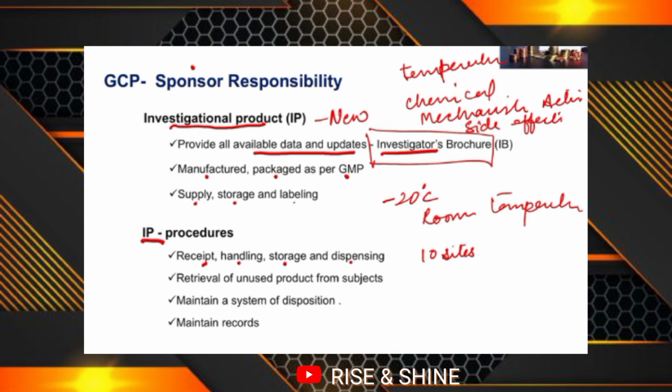How to receive it: when you receive the IP, there is always a temperature controlling unit in it, so you have to record the temperature, but all these instructions are shared by the sponsor. How you will handle it, at what temperature you will keep it, and if some unused product is left, how you will ship it back, all this information is shared by the sponsor.